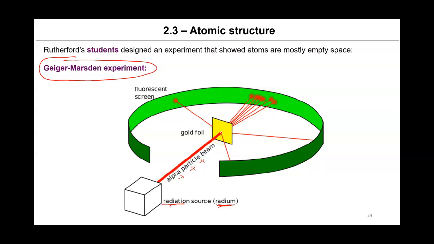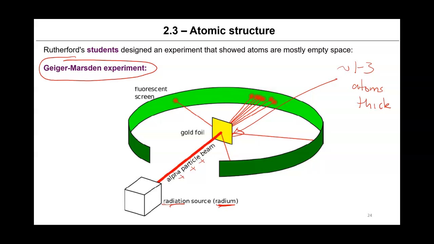They fired these particles at a gold foil, and they chose gold because gold can be hammered into a foil that is just 1 to 3 atoms thick. So you can get very, very thin pieces of gold. So any alpha particle that passes through this gold foil is only going to hit a couple of atoms.